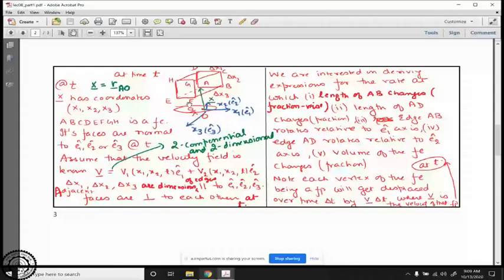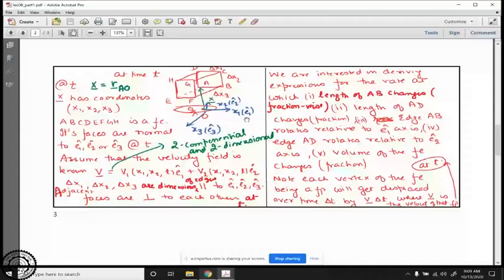So as I said, we are interested in deriving an expression for at what rate, and when I'm saying rate, I mean time rate, the length of AB changes. You see here AB, the length of AD changes, and the rate at which edge AB rotates relative to the E1 axis.